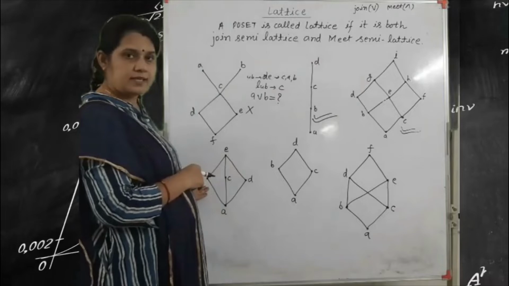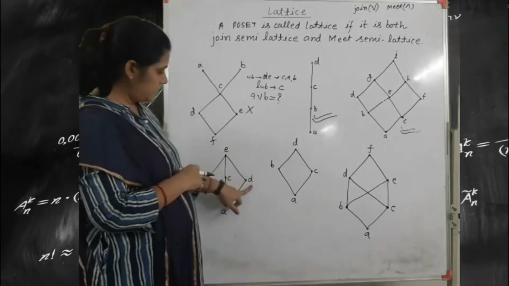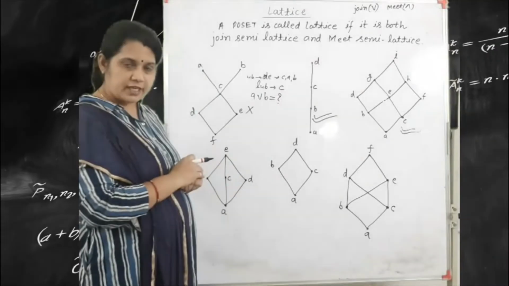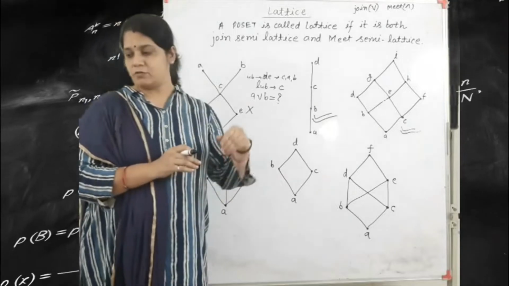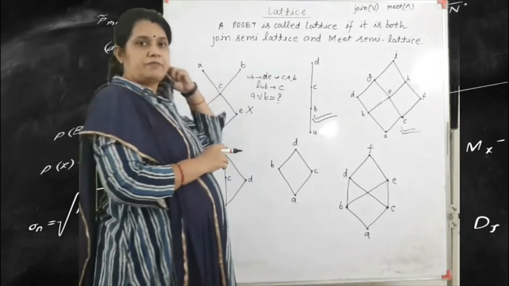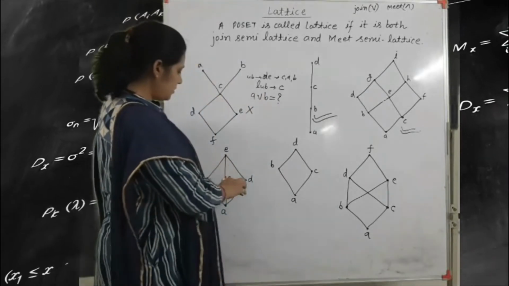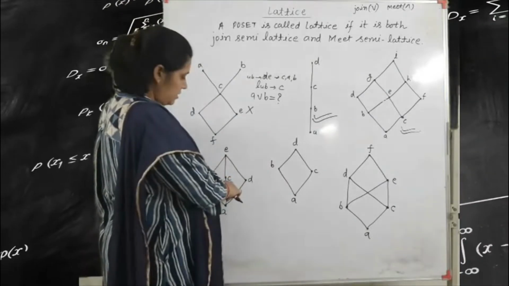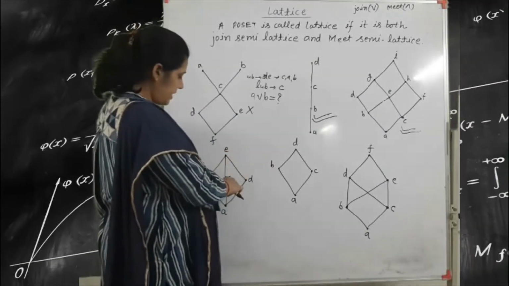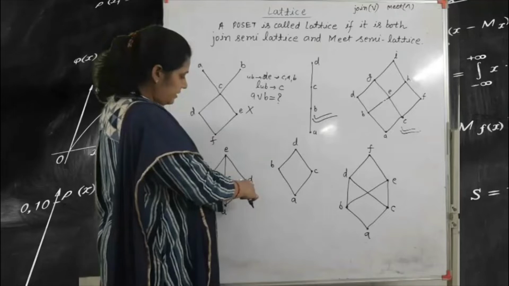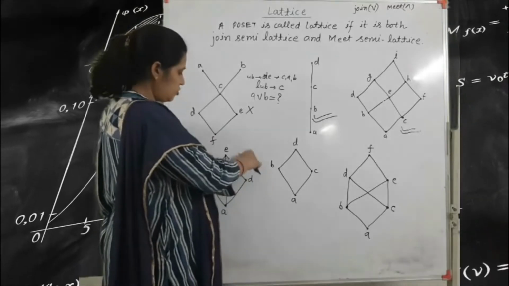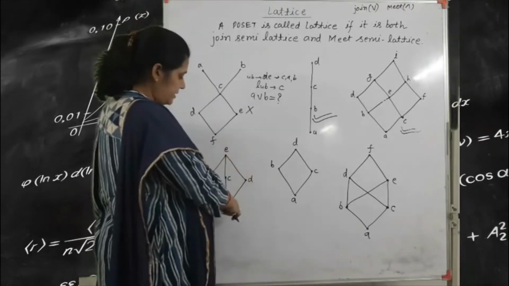Next example: A, B, C, D and E. First we find the join, and after that the meet.